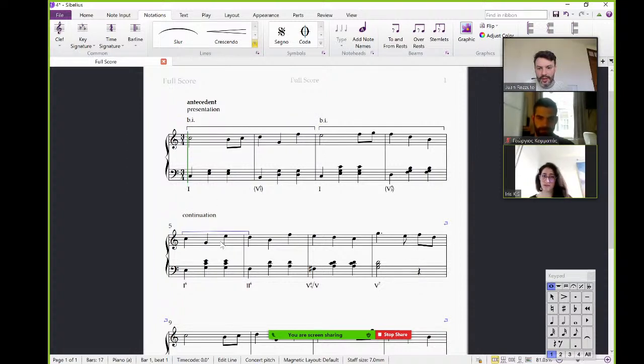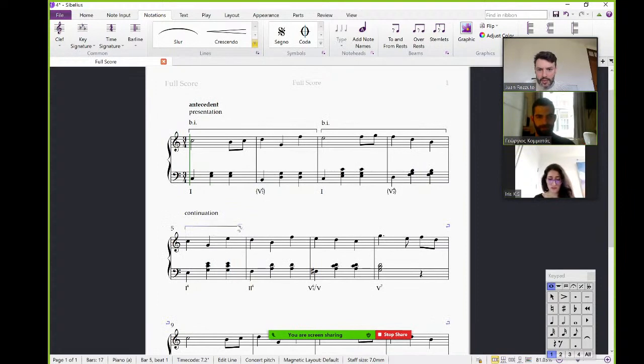Okay, this is the model. Now, I'm not sure how. Wait a minute. Two things. First of all, the C there, I suppose, will be an A on the second bar. It is indeed, yes.